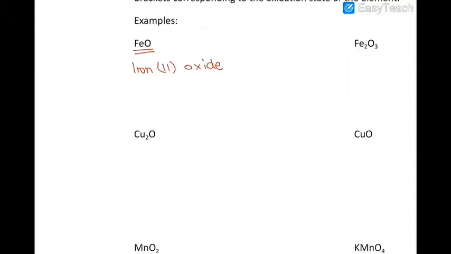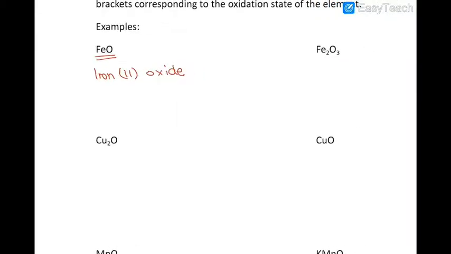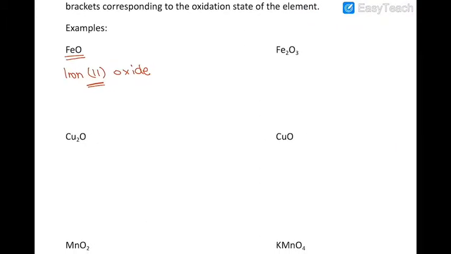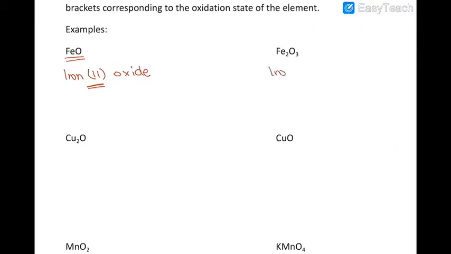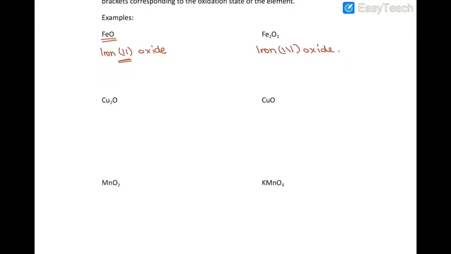This is why now we use Roman numerals. So instead of ferrous oxide or ferric oxide, FeO is now written as iron(II) oxide. The oxidation state is written as the oxidation number in brackets as Roman numerals. And here you will have iron(III) oxide. This is pretty simple here as well.